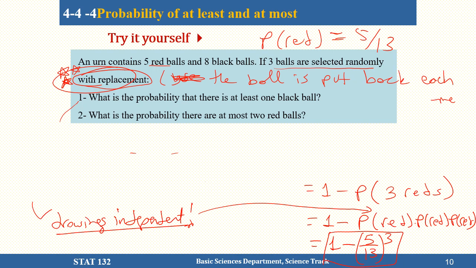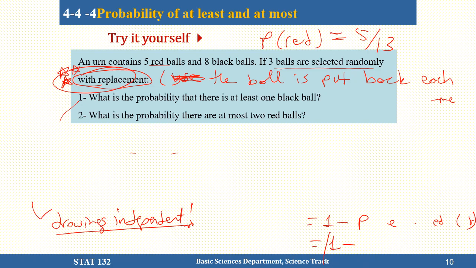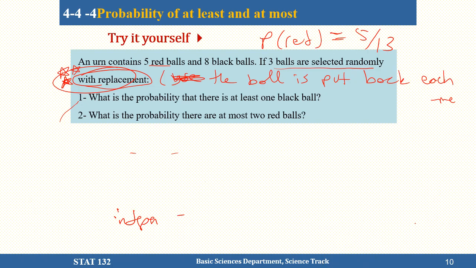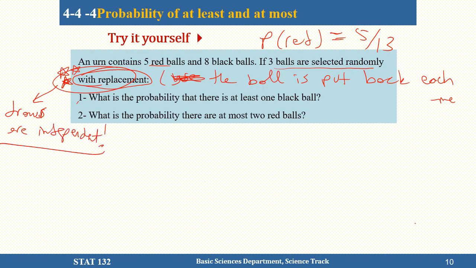So let's do the second one. Again, the draws are independent because of the replacement. And what's the probability that there are at most 2 red balls?